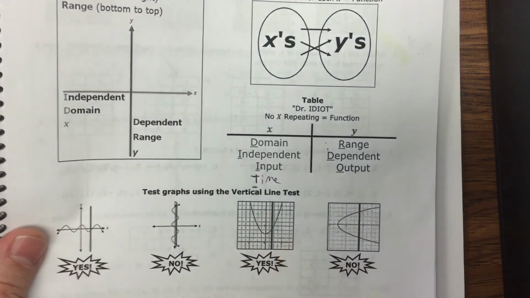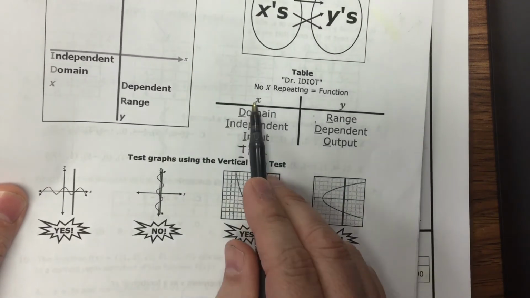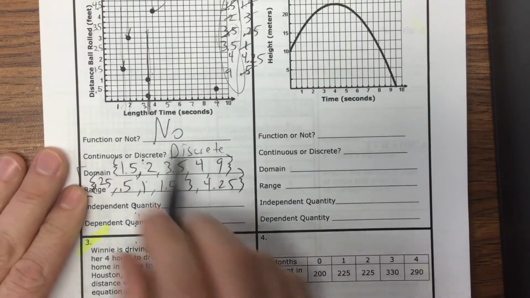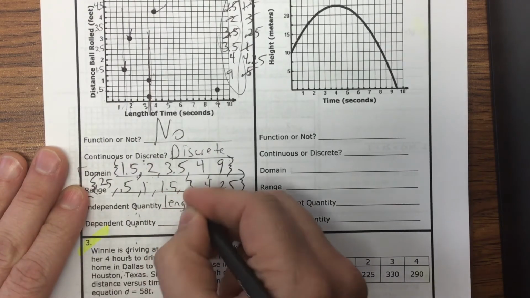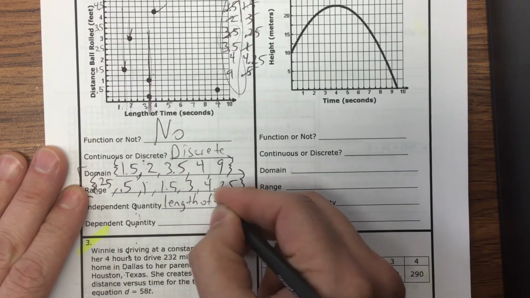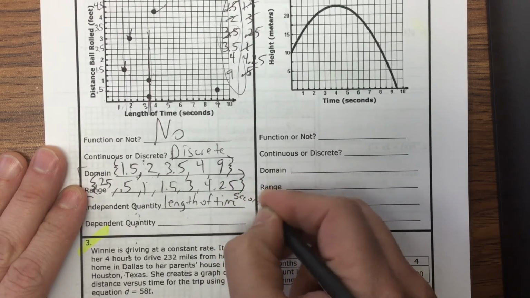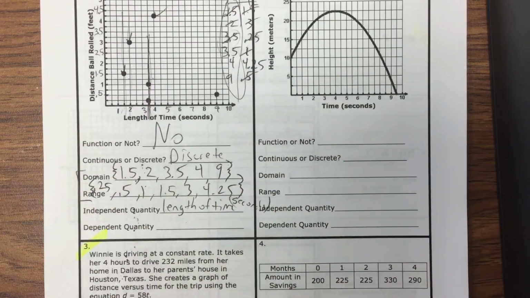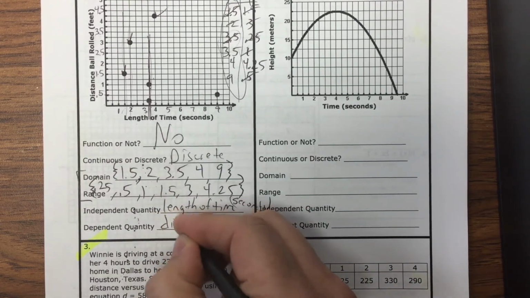So the independent quantity is X, the length of time in seconds, or you could just put time in seconds. The dependent quantity is Y, the distance in feet.